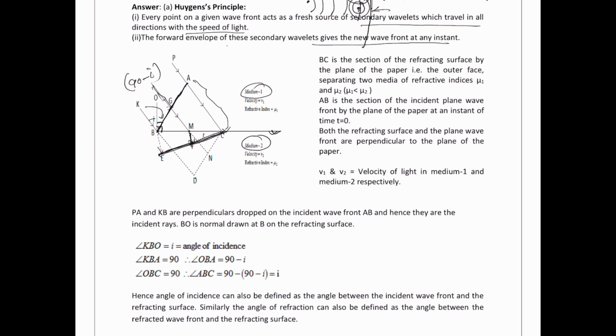So this is I, this is 90 minus I, again this is 90 degrees, so this will be equal to I. So the angle of incidence is defined as the angle between the refracting surface and the incident wavefront. This is the definition of angle of incidence in terms of wavefront. Similarly, the angle of refraction is the angle between the refracted wavefront and the refracting surface.